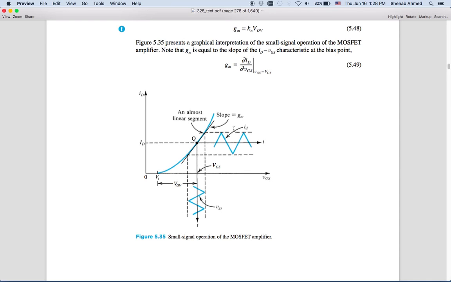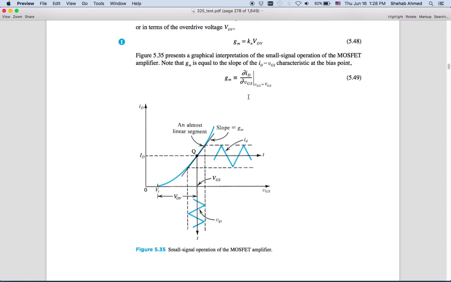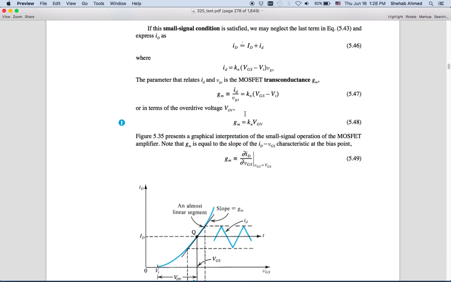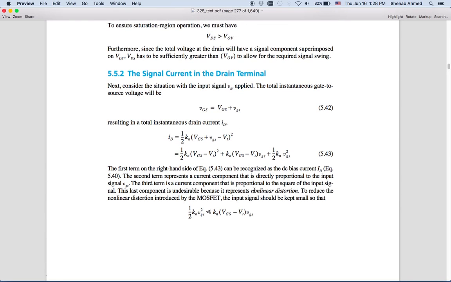So it's the differentiation of the total current with respect to the total gate to source voltage. Small VGS is my total gate to source voltage, so I have to go back to this equation, since it takes into account the total gate to source voltage. I'm given VT and Kn for a specific device.